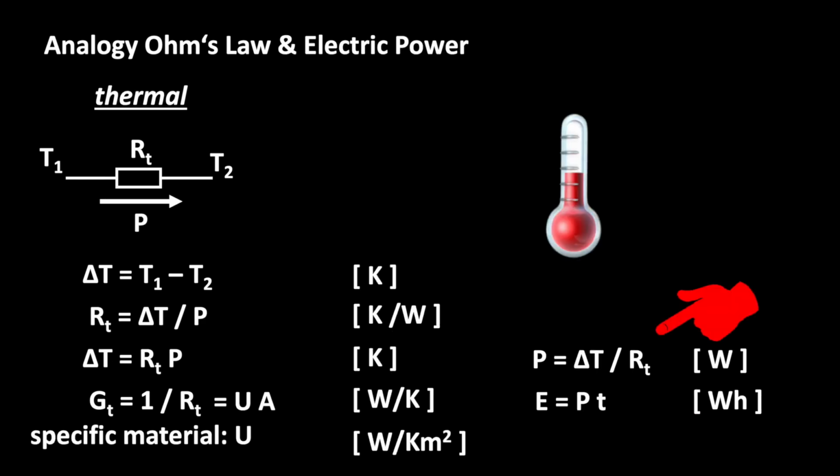Okay, using this we can now calculate the heat flow P that is lost through a wall or through a window. And why is it interesting? Well, this is exactly the heating power in watts that we need to apply to keep the temperature that we want inside the house. Or, to put it quite simply, it defines the heat energy over the year.